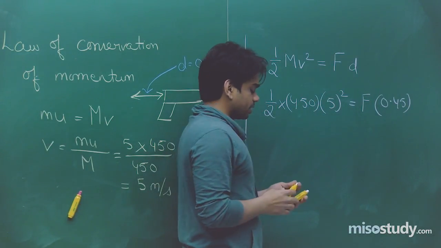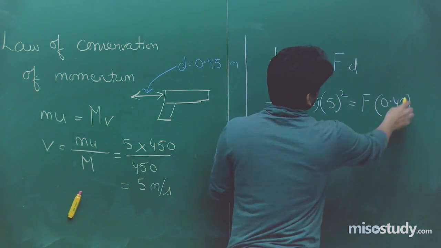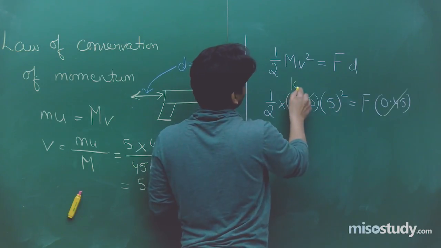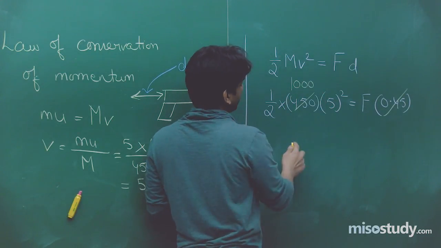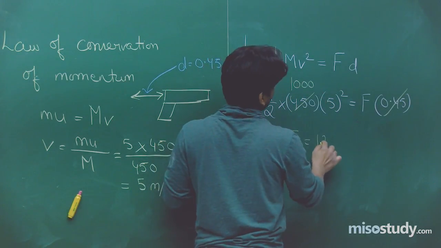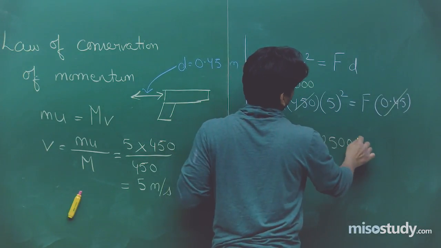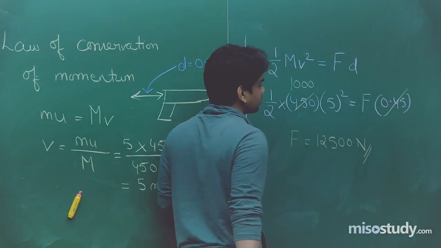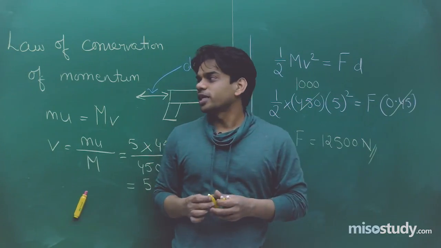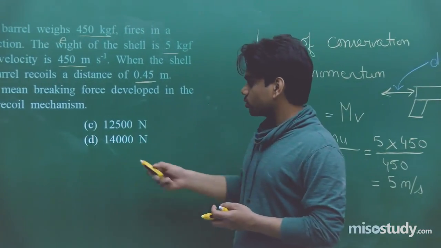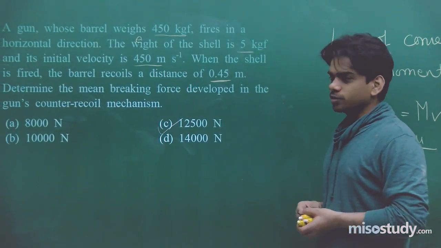We can easily solve it. Now this will go 1000 times, and now you will be getting F equal to 12,500 Newton. Let's check with the options, the option that is matching is option number C, 12,500 Newton.